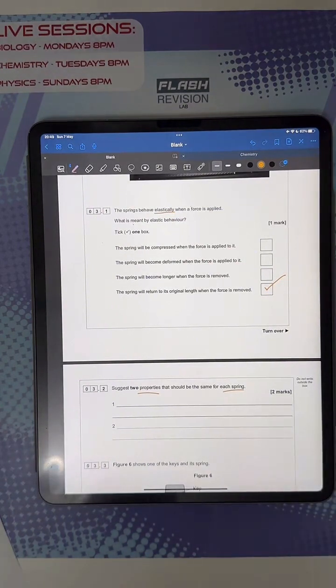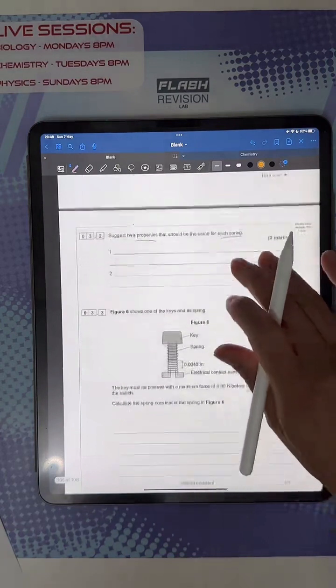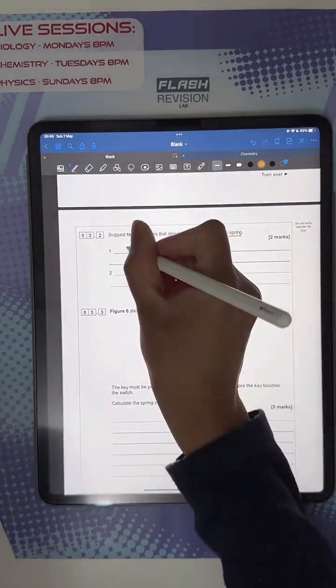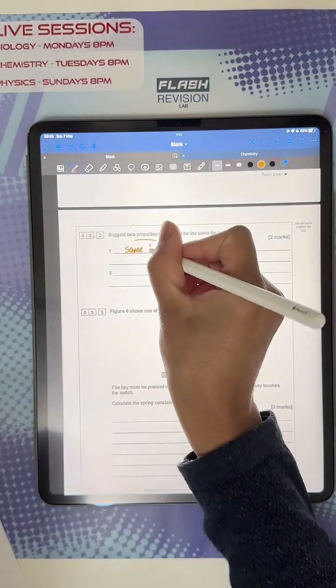Remember, they're talking about the springs underneath the keys in the keyboard. So when you push it, it needs to come back up. What properties do you think need to be the same? Same length, yep. Good, well done guys. Same length is one of them.